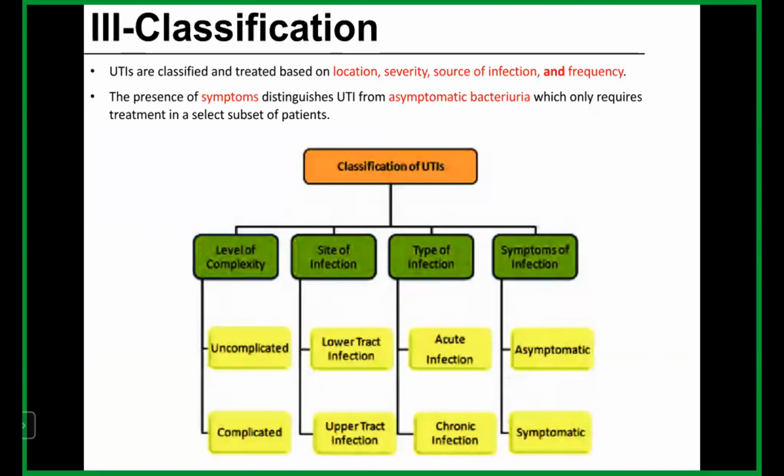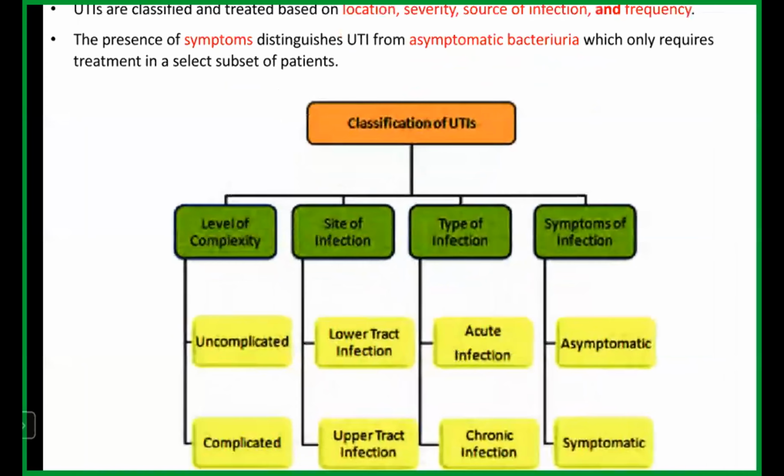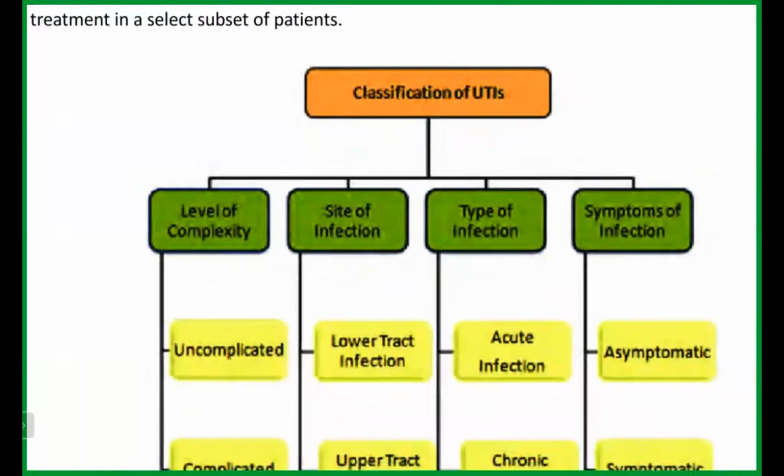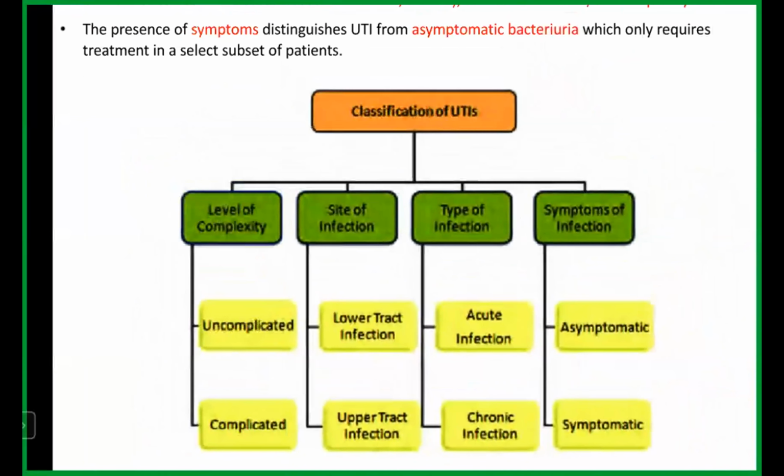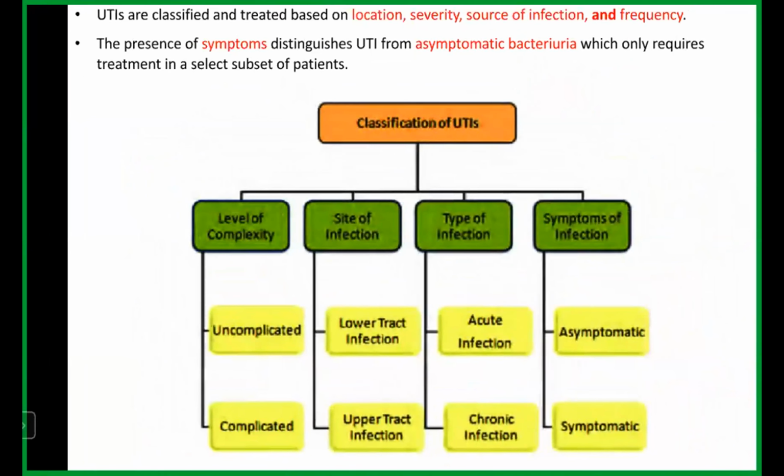Now we are at the classification. As I said at the beginning, the classification is very important for the therapy of urinary tract infection. In practice we use all of them, but most of the time the site of infection and the type of infection.